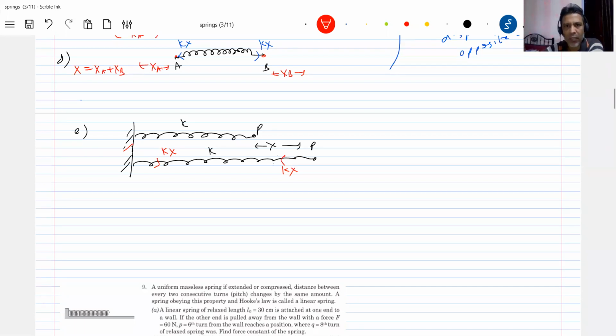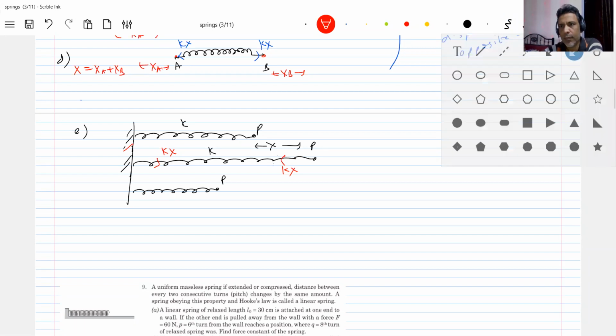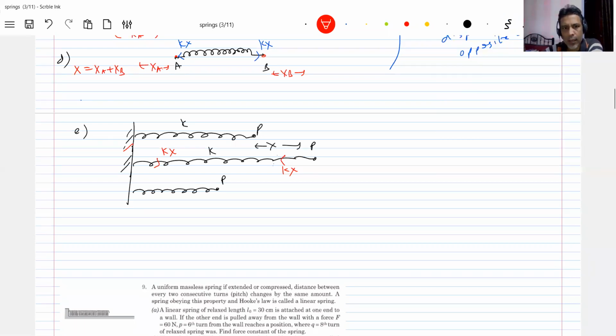So if it is compressed, then how much of compression? The compression here is X. Then how much of spring force?